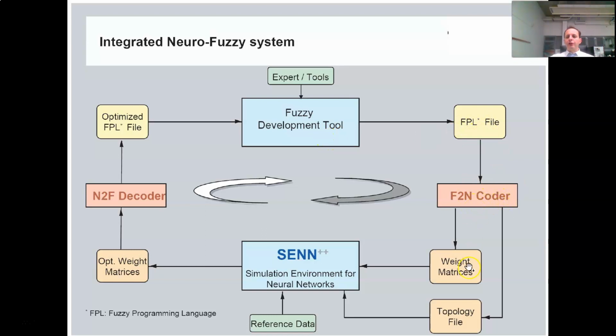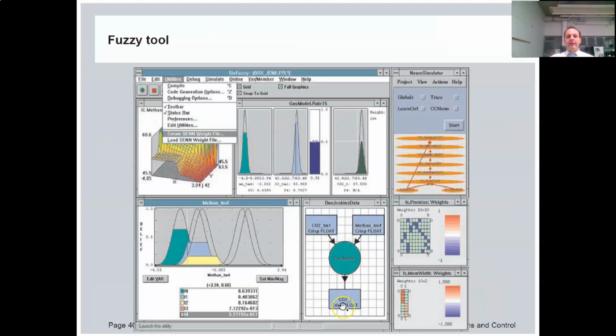So you have a coder that decides or optimizes the weight matrices and generates the simulation environment for the neural networks and the reference data.